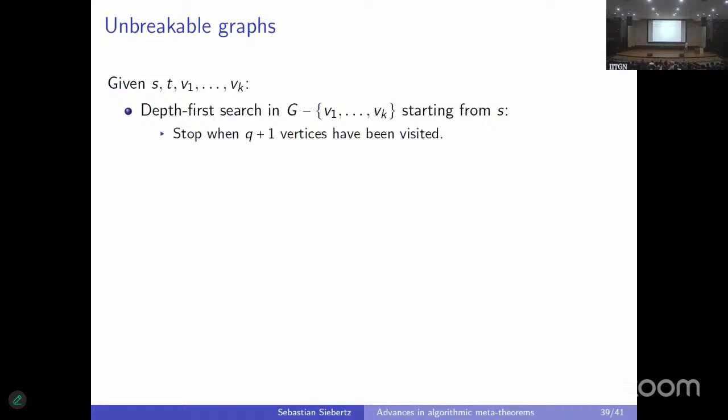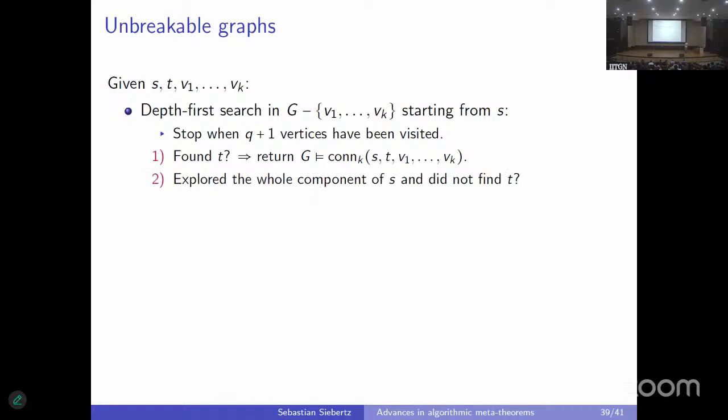So if I have visited q plus one vertices and I didn't find T yet, or I did find T, then I return that we are connected, since I found a positive answer already. If I explored the whole component and did not find T, then I know that I'm in one of the smaller components. So I can answer no, we are not connected.